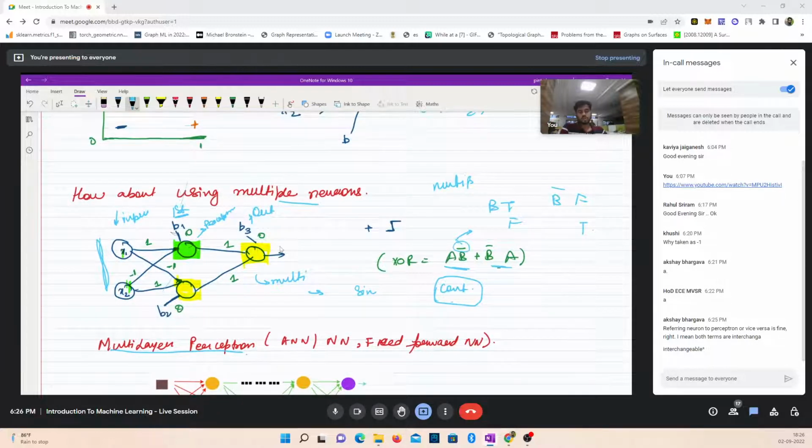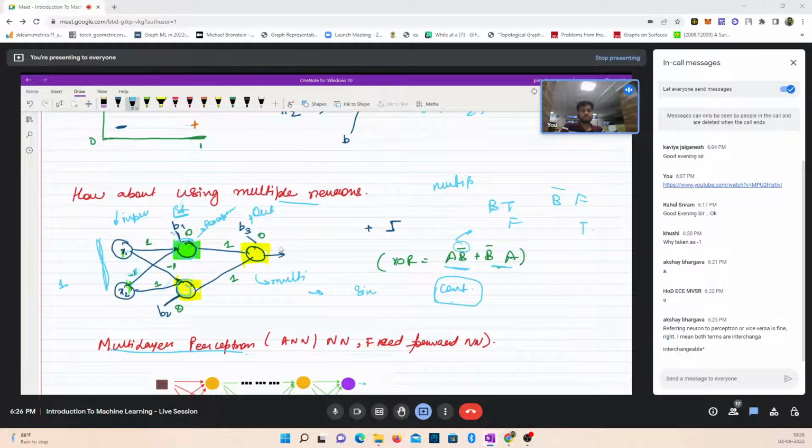Yes, it is possible. What I'm doing over here is, with this first neuron, I'm trying to mimic A B bar. If you look, I'm taking a -1 sign, so if it would have 1, it will give the negation of that. And in the downward one, I'm trying to make B bar A. Then I'm combining them as a sum.